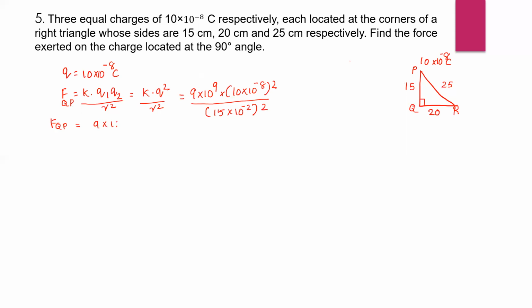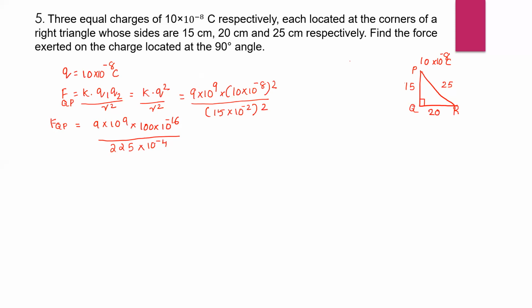9 into 10 raised to 9 into 10 square is 100 into 10 raised to minus 8 into 2 minus 16, upon 15 square is 225 into 10 raised to minus 4.